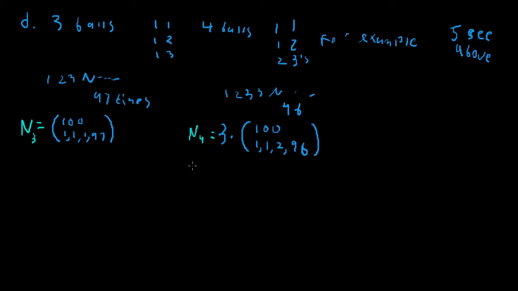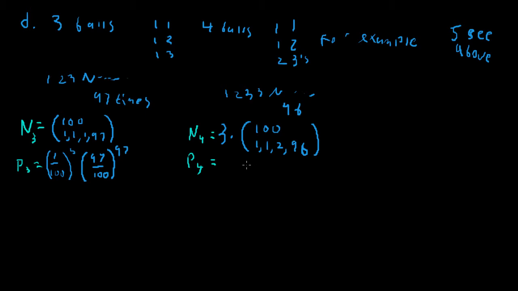And what are the probabilities for each of these sequences? Well, we have 3 balls in the 3 urns, and the probability of each of those urns being hit is 1 over 100, so that's to the third. And then the probability of getting in any one of the other urns is still 97 over 100, except that's to the 97th this time.